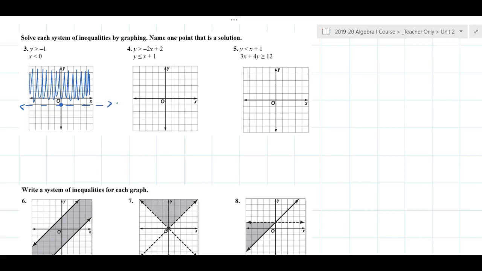X is less than 0. X equals 0 here at the origin. It's strictly less than, so again I need a dotted line. And x is less than 0, so I need to shade to the left to include the x values that are less than 0.